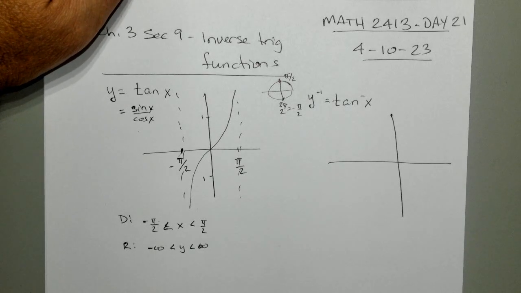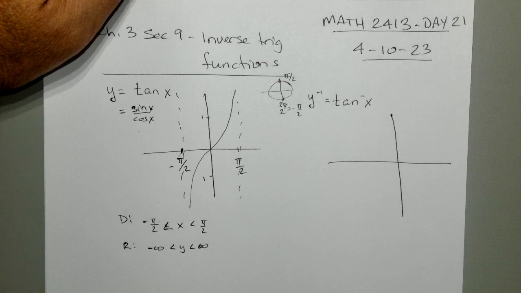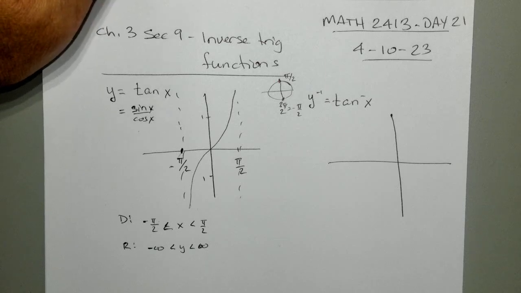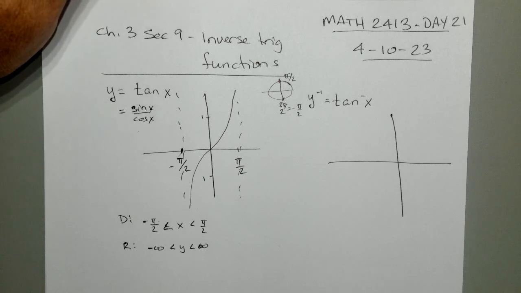So what would the inverse of the tangent function look like? What happens when you take the inverse of a function? It flips around which axis?